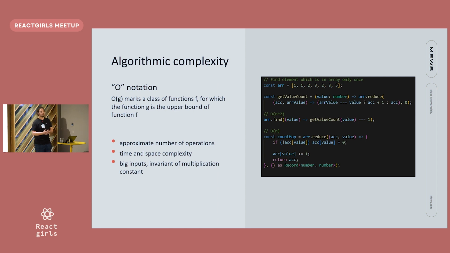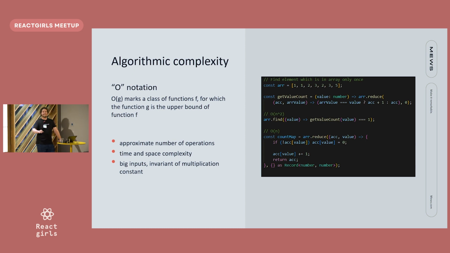We'll start with a little bit of theory. We'll define something we can call algorithmic complexity and the O notation. O(g) marks a class of functions f for which the function g is the upper bound of the function f. Why is it useful? This is one of the terms from computer science, and it's helpful because we take the function g for some big input n, and it's also invariant to the multiplication constant.